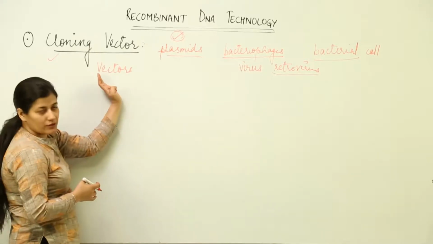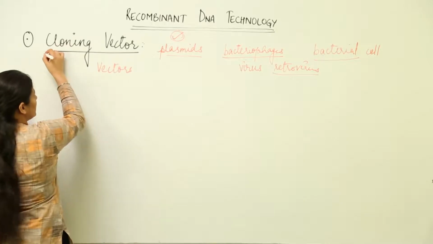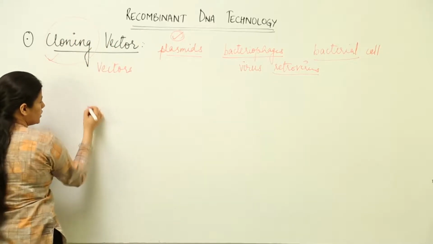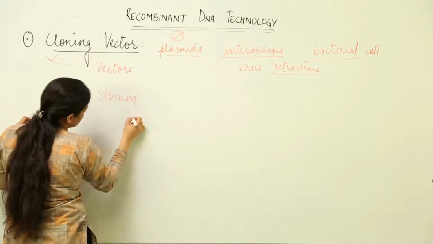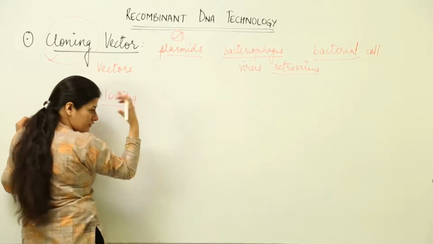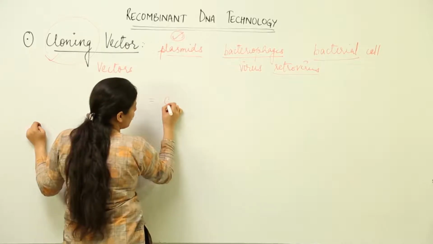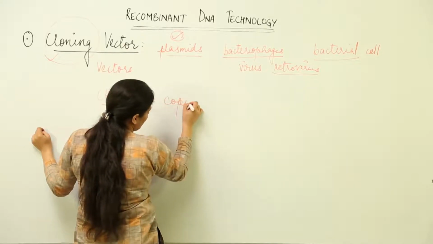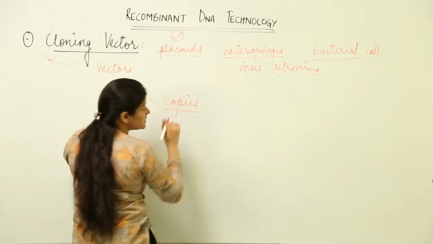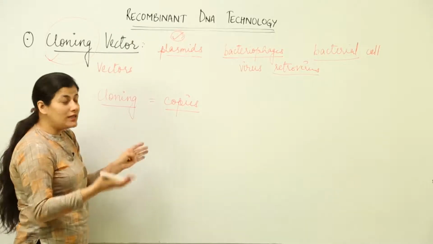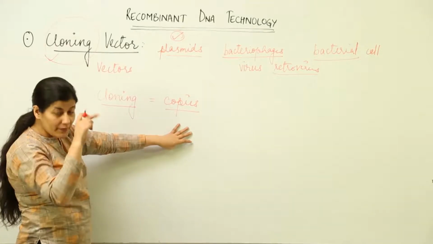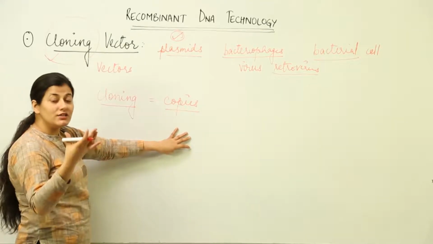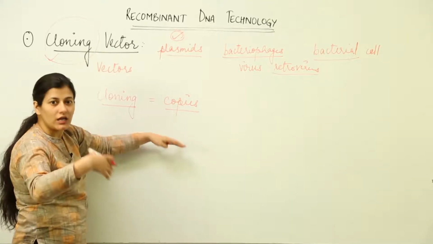Now we had talked about it being a vector. Now let's talk about the cloning part. Now what is this cloning part? Cloning is the process by which gene of interest is producing its copies. Many copies of the gene of interest have to be produced within the host cell. If there are more number of copies, the gene would produce its product in ample amount.